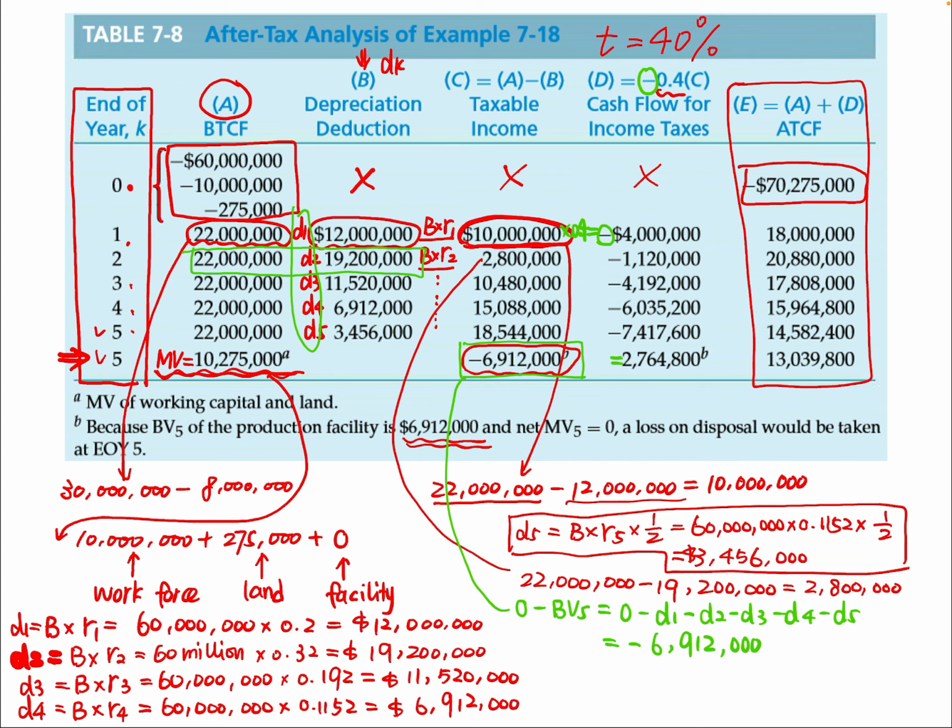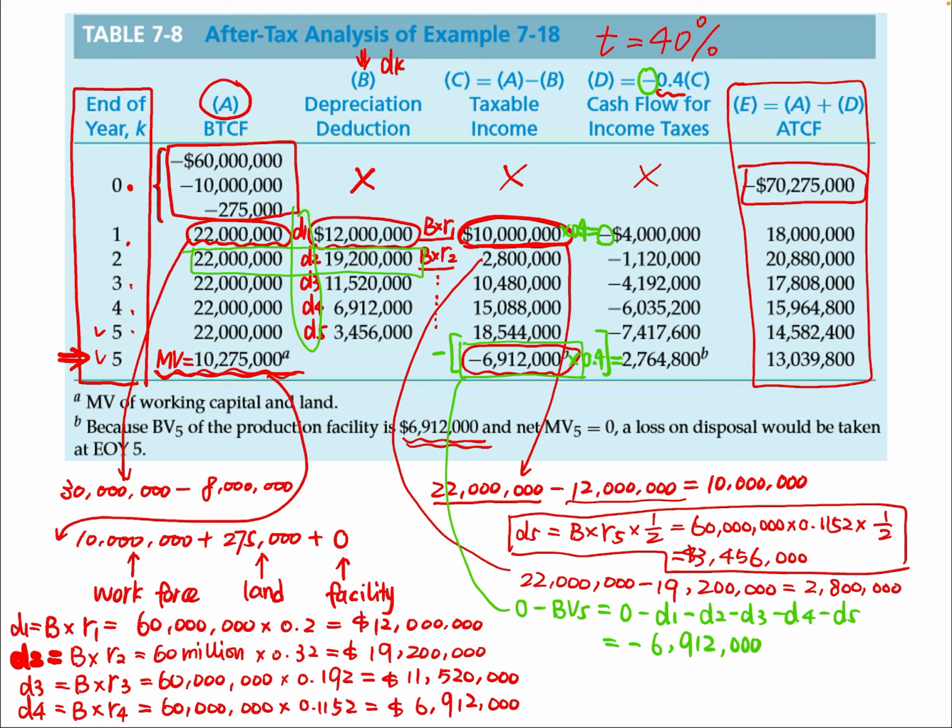And this last one is negative 6,912 times 0.4, but you need to give it a negative sign. So negative times negative is positive. Okay. So that's how you get this column for D.